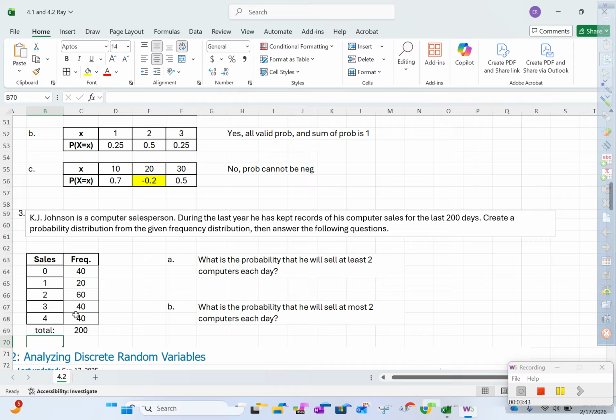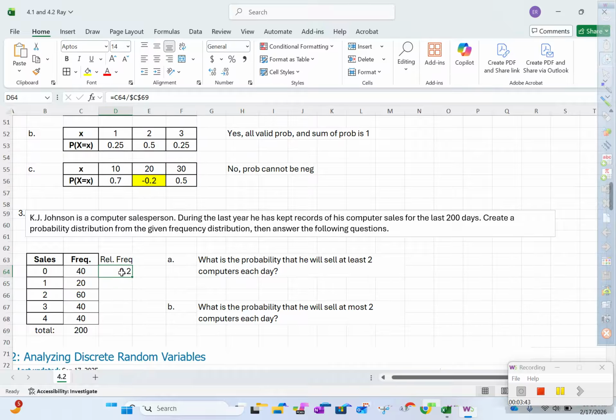That's going to help us with our probability, which was our relative frequency. So we're going to add to our table here. And we're going to calculate our relative frequency by taking our frequency over that total. Just make sure that you lock in that total by putting the dollar signs around that C for the 200.